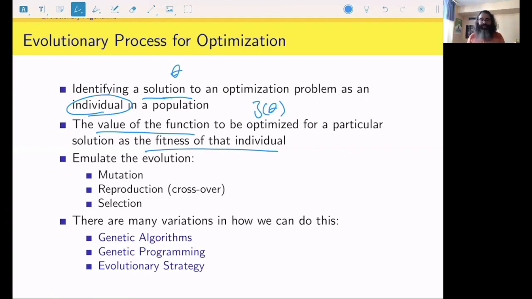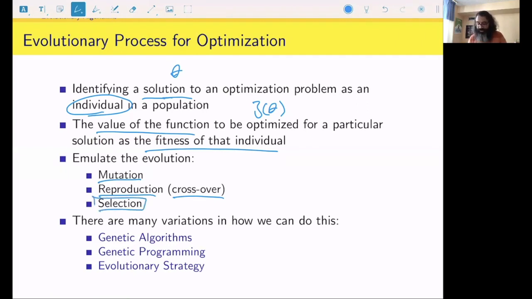Natural evolution has many components, like genetic mutation, and we try to imitate something like that. We have reproduction or crossover, where two parents reproduce and make a child, an offspring. That's crossover reproduction.